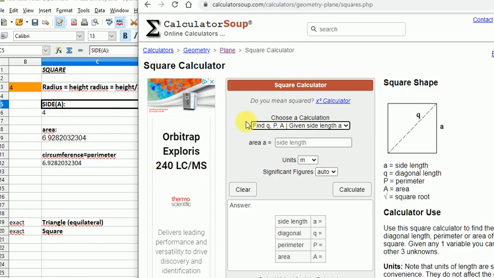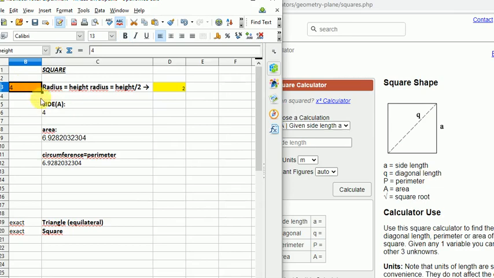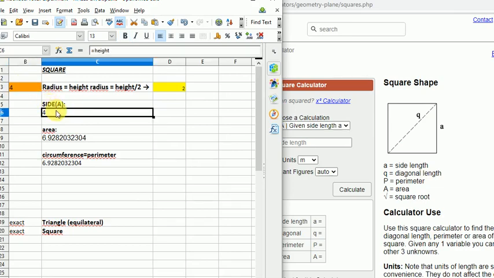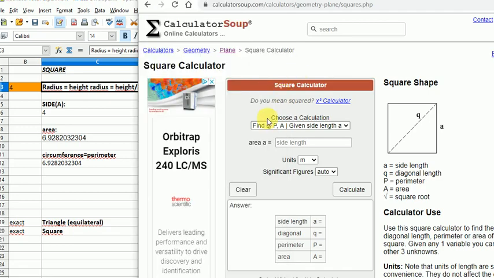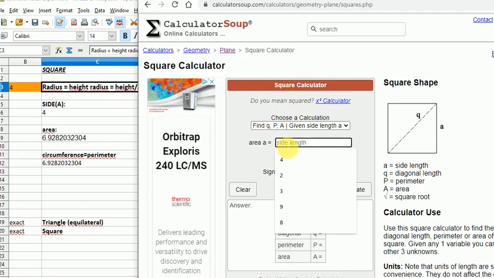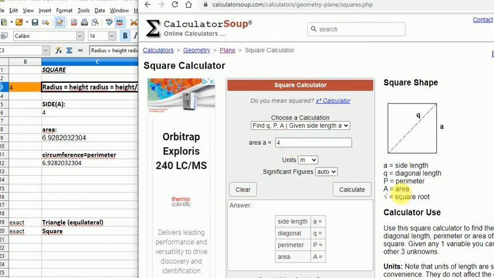So if the height A is 4, the radius I'm using is half of that. For any given side of a square, you should be able to tell the area. The area is A. So this one is the area, perimeter, and so forth.